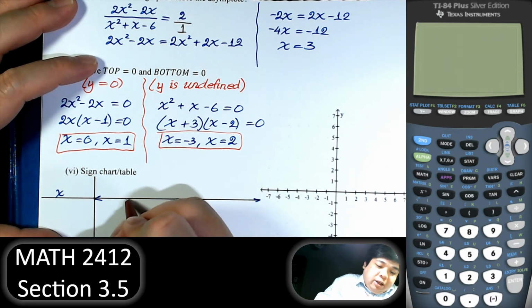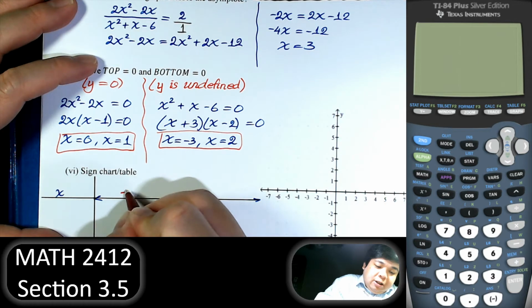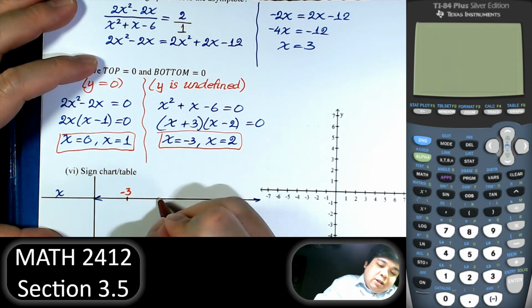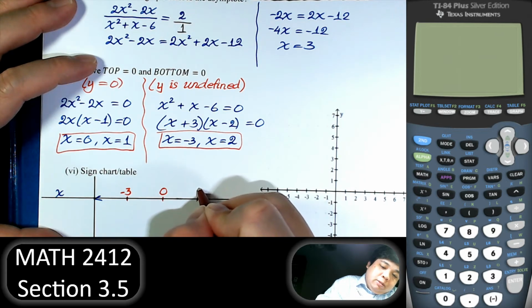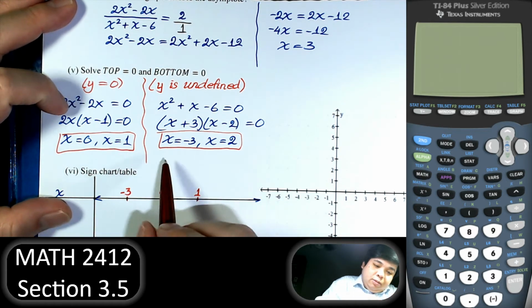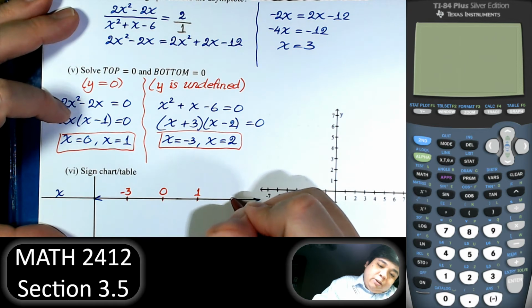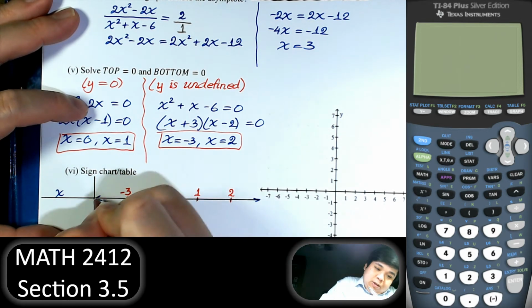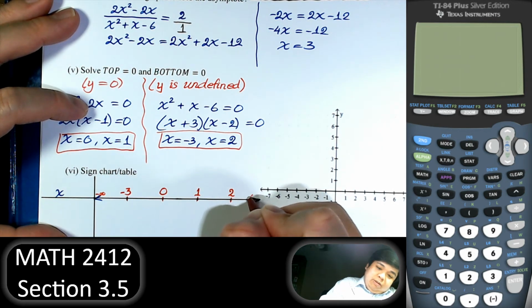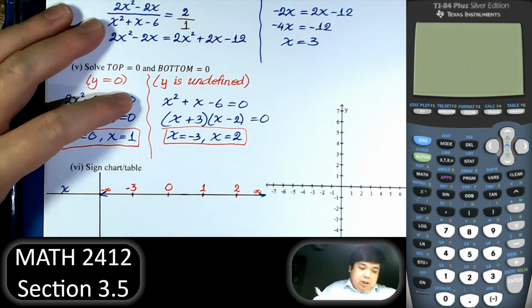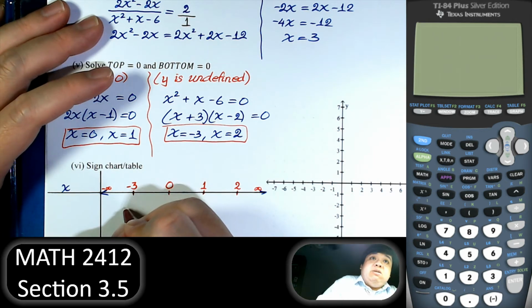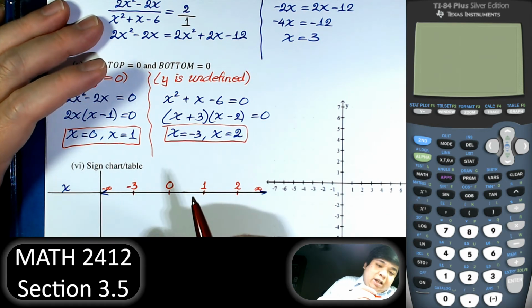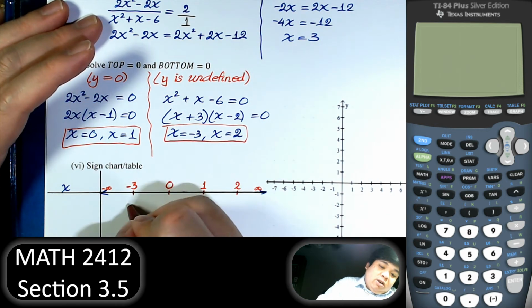So negative 3, 0, 1, and 2, from negative infinity to infinity. So it's negative 3 and 2 that are the vertical asymptotes where the function is undefined.